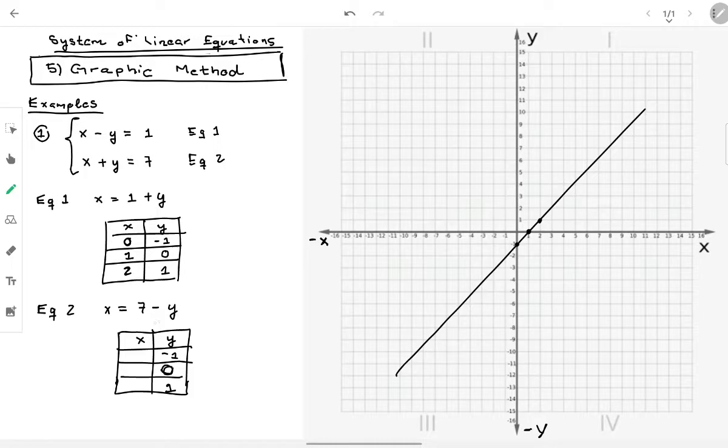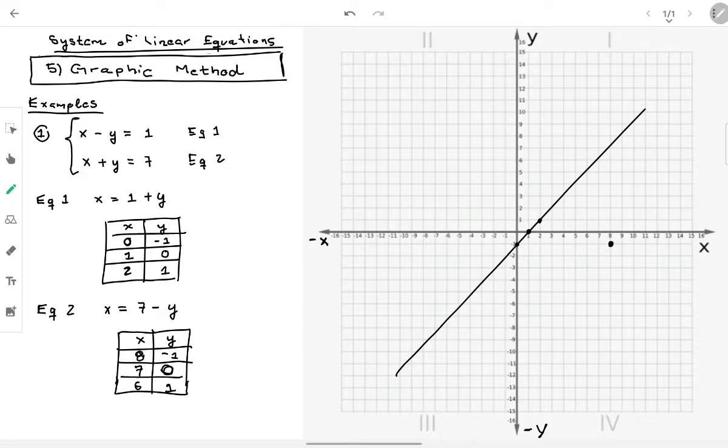It's going to be 7 minus minus 1, which becomes 7 plus 1, so it's going to be 8. When y has a value of 0, x equals 7, because it's 7 minus 0, which is 7. When y has a value of 1, x is going to be 6. So we have those 3 points. The first one is 8, comma minus 1, that is here.